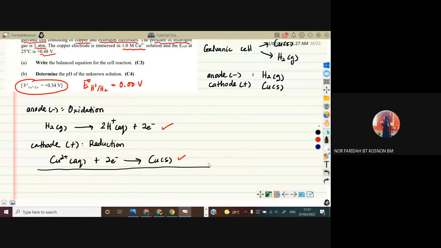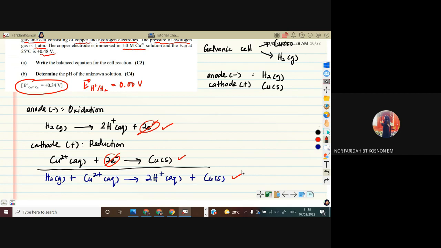Actually, the question asks you to write the balanced overall equation. Jadi sekarang you can see we can cancel out the number of mole of electron. So the final answer is hydrogen gas plus copper 2 plus aqueous produces 2 mole of hydrogen ion plus copper solid. So this is the answer.